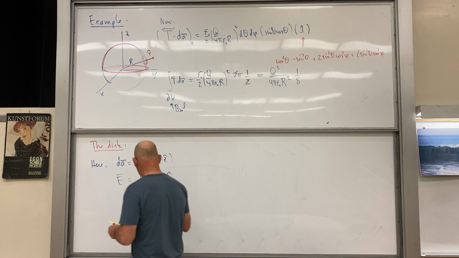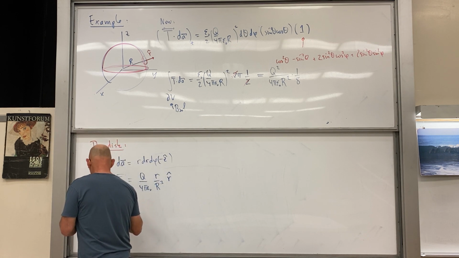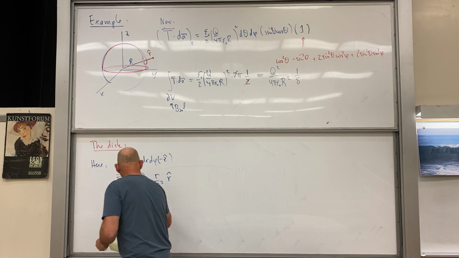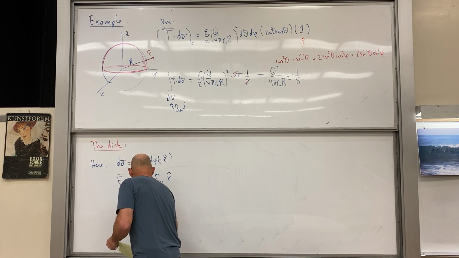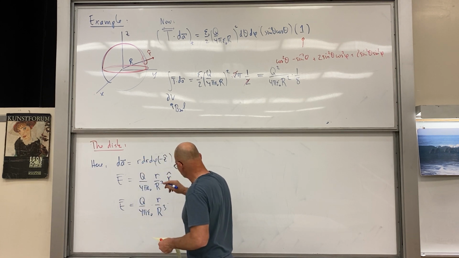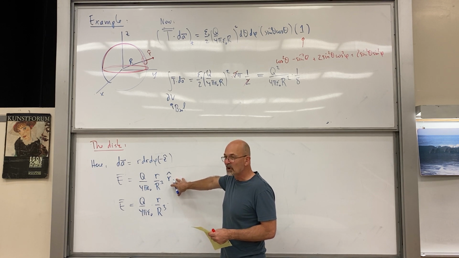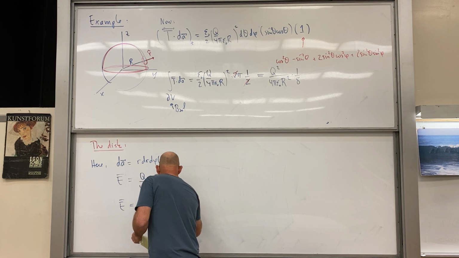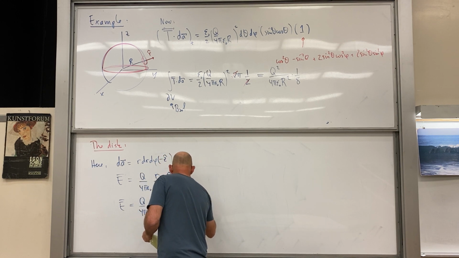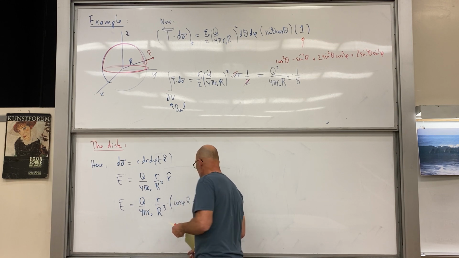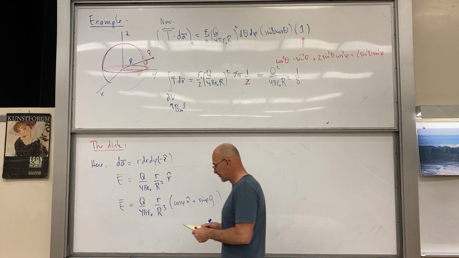So E is q over 4 pi epsilon naught, r over R cubed. And now we can use the x and y components from plane polar coordinates. So we would have cos phi x hat plus sine phi y hat. That's where those come from, plane polar coordinates.